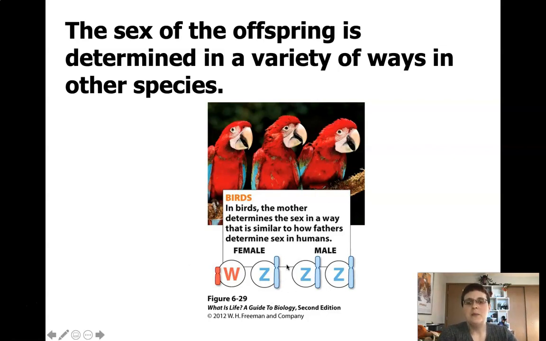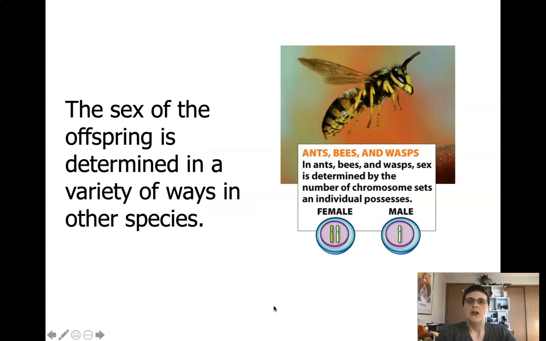So female birds are the ones that are going to determine the sex for their offspring. Now, it gets even weirder when we look at some other species. The sex of the offspring in ants, bees, and wasps is not determined by things like X, Y, or WZ.